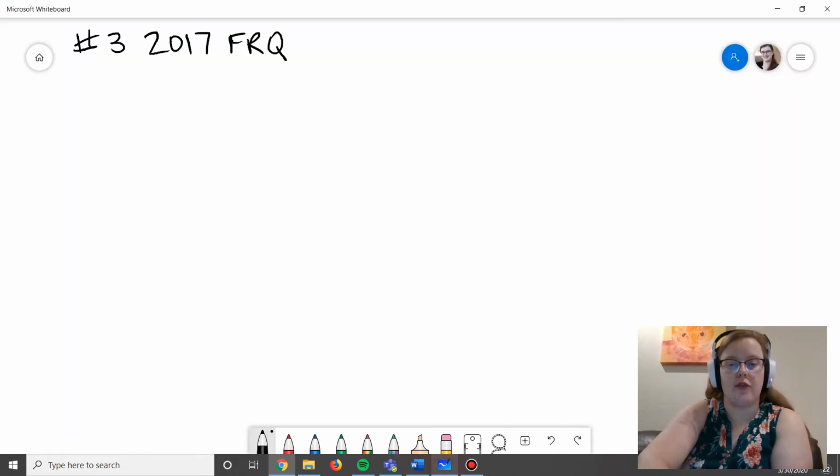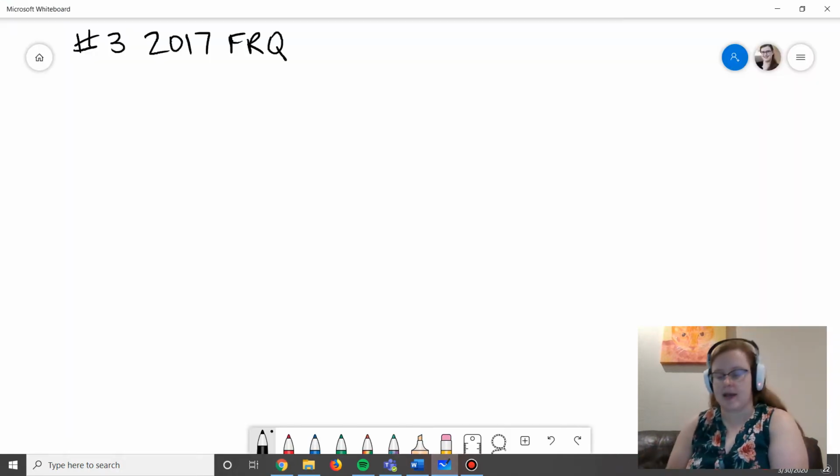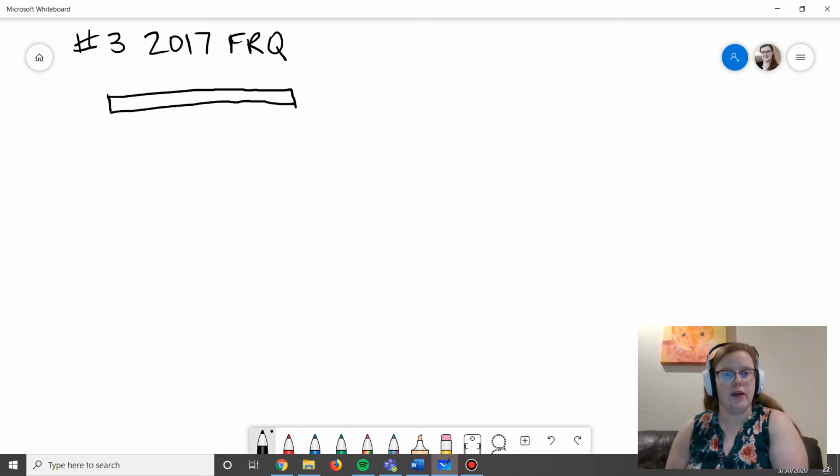So, first of all, to get a good conceptual understanding of what this question is asking us, basically it's asking us what is going to make this rod move the fastest. So, if I've got my rod here, and here's my midpoint, or my center, here's the pivot.